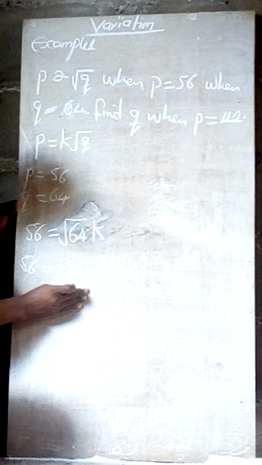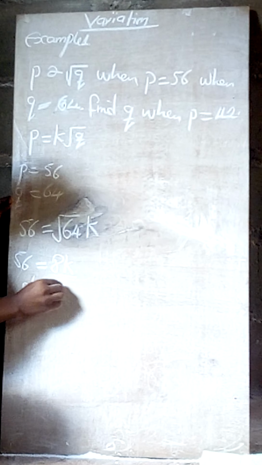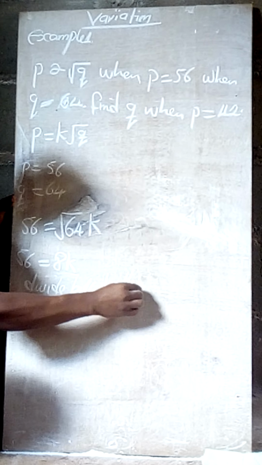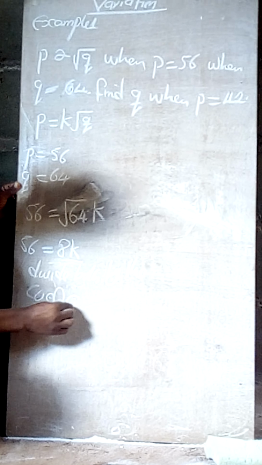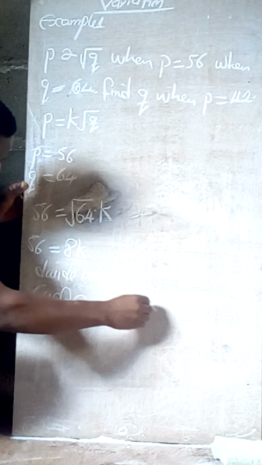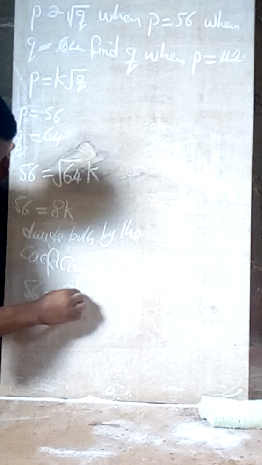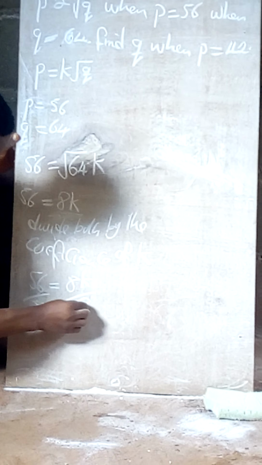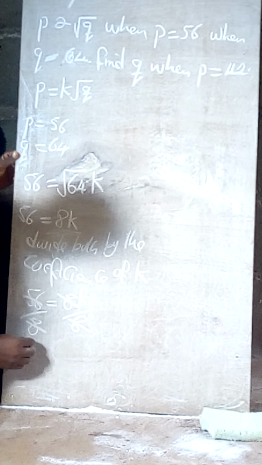You have to divide both sides by the coefficient of K. So 56 equals 8K, divided by 8 on both sides. 8 cancels 8, and 56 divided by 8 is 7.